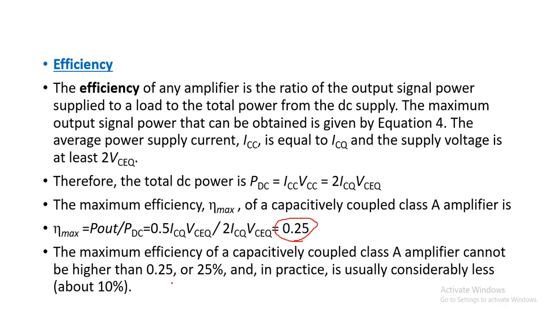Now, to find the efficiency of this class A amplifier, the first thing you need to do is find the ICC and the VCC, and you know that this ICC is nothing but this thing.